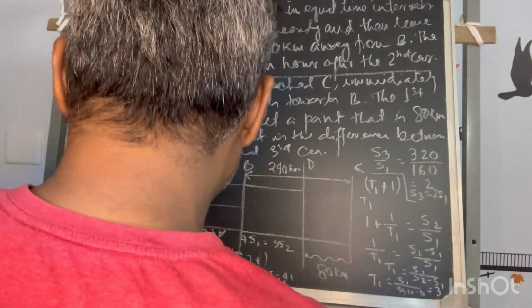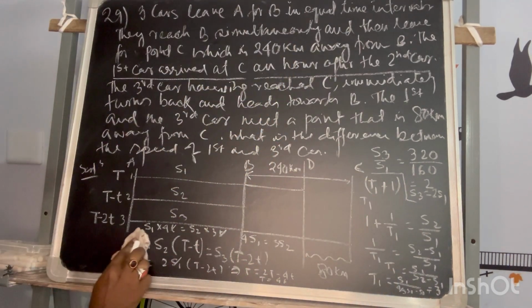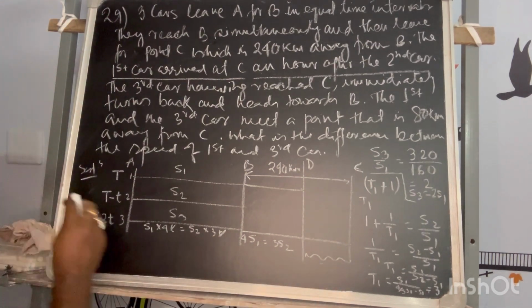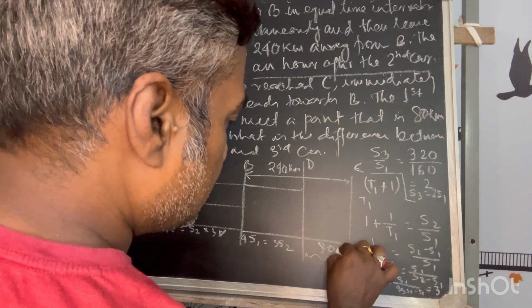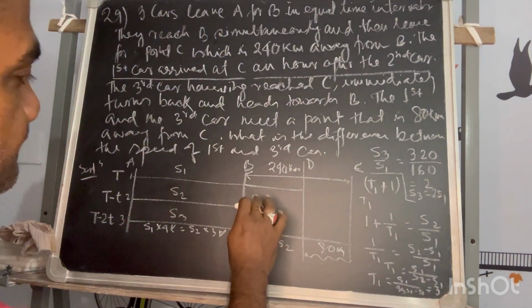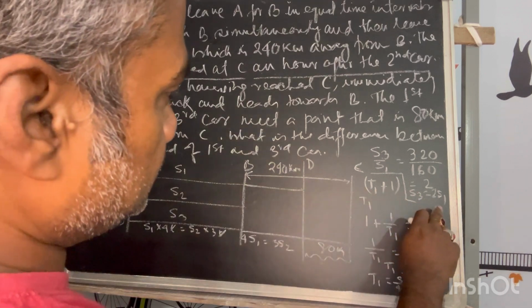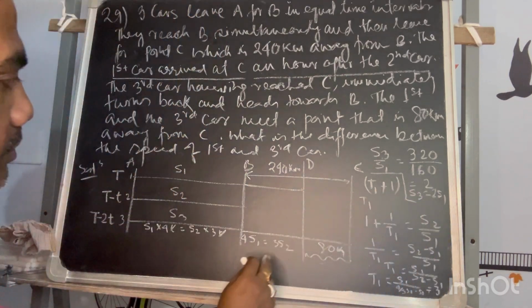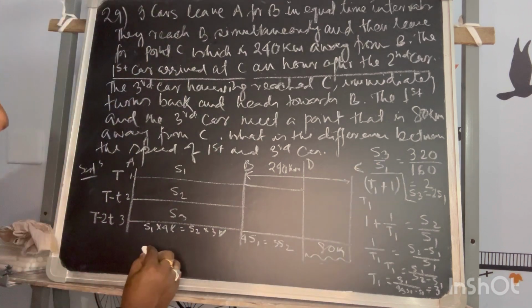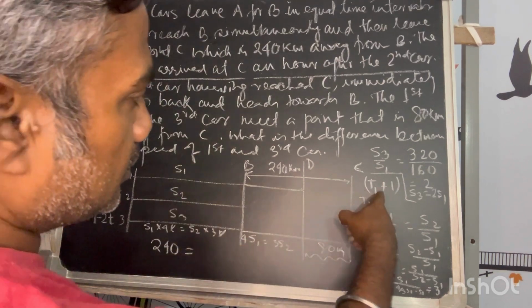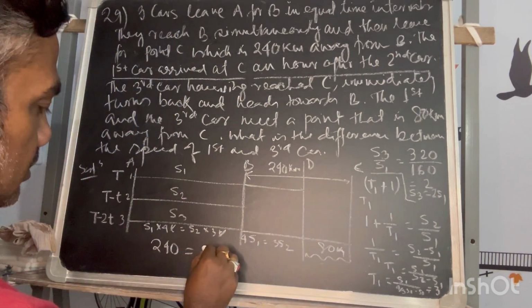So now it will be easy to calculate. Now I've got T1 as 3. So the speed will be how much? 240 kilometers is going in time T1 for S2.